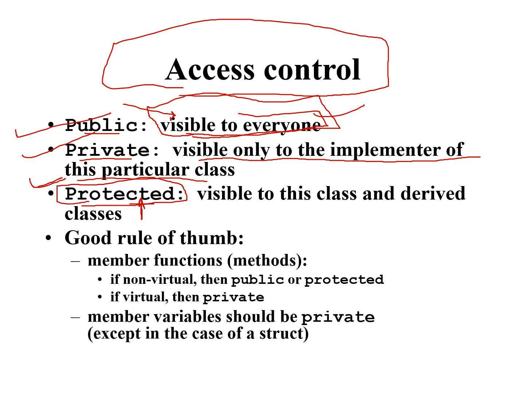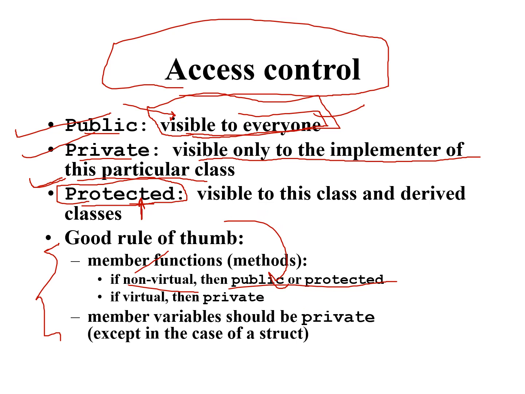If we are deriving some classes from this particular class, then only these protected members will be visible to that class. And here a good thumb rule is given to you to make things easier. For a member function, that is a method, if it is non-virtual, then it is public or protected. And if it is virtual, then simply it is private.